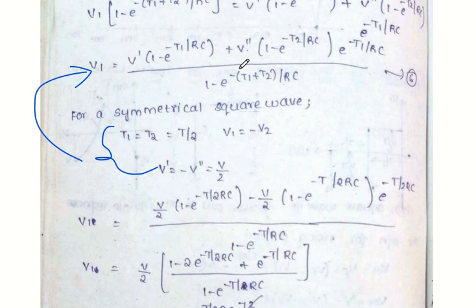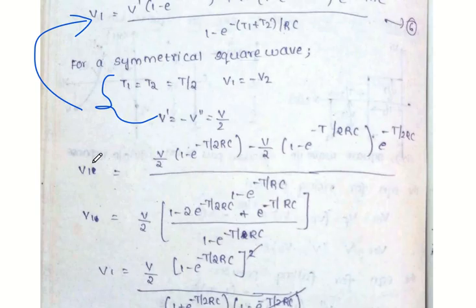Minus V double dash is equal to minus V by 2 into 1 minus e power T2. What is T2 here? T by 2 RC whole into e power T1. What is T1? T by 2 RC whole by 1 minus e power T1 plus T2. That means T by 2 plus T by 2, that is T, e power minus T by RC.